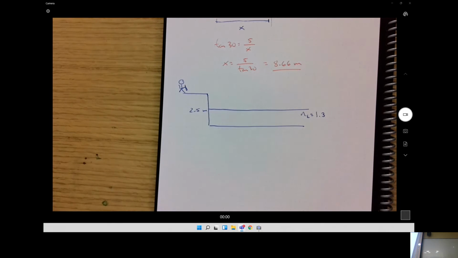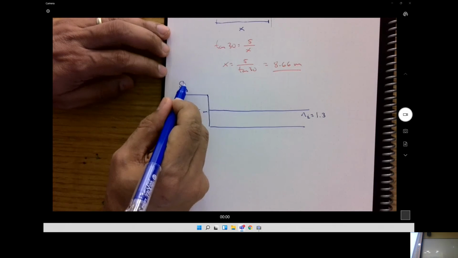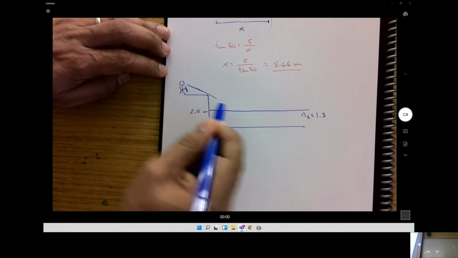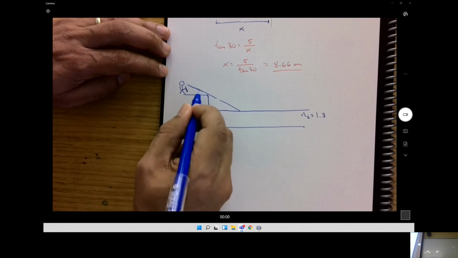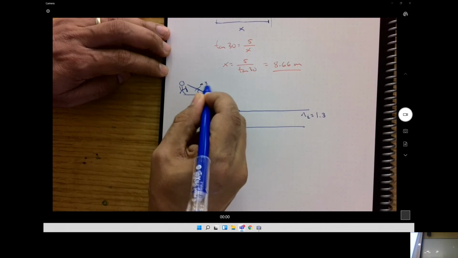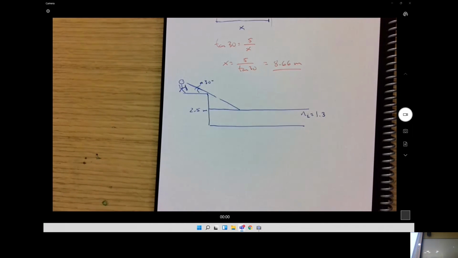He doesn't move positions for whatever reason. So this angle is still going to be 30 degrees. But now, when light hits the interface with the water, it's going to refract and it's going to bend.